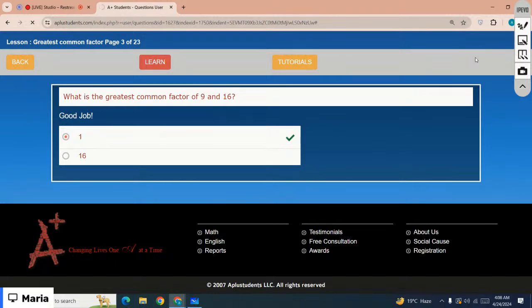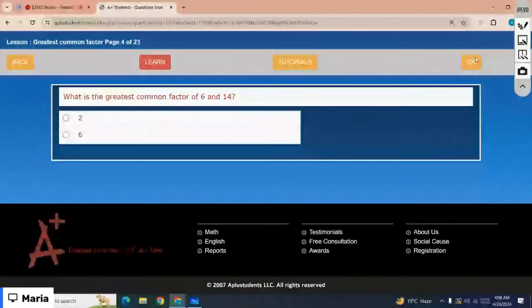What is the greatest common factor of 6 and 14?